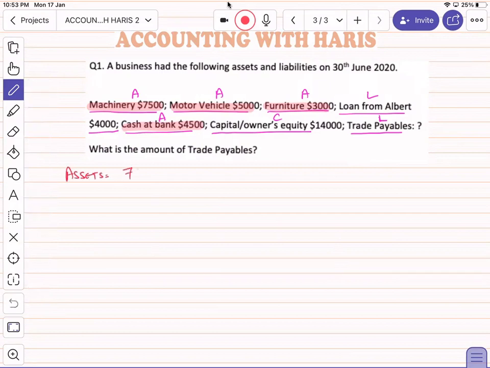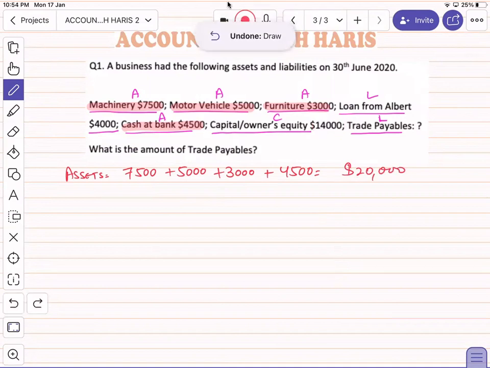Assets equals 7,500 plus 5,000 plus 3,000 plus 4,500. If I add all of these up, I'll get my total assets, which equals $20,000. And you already know your owner's equity or capital is 14,000.